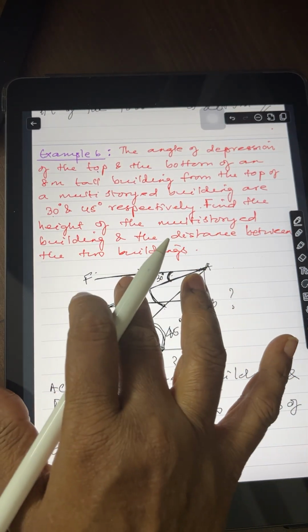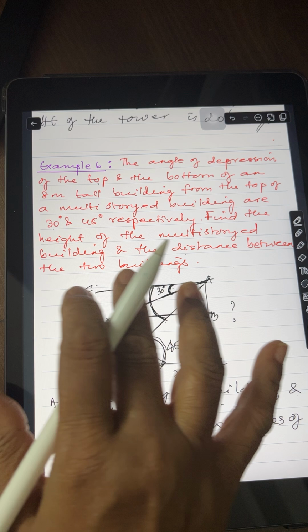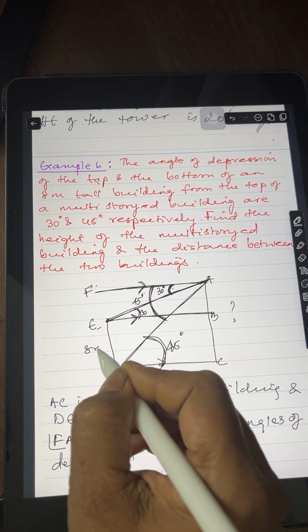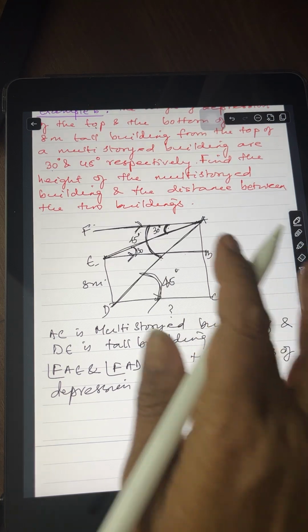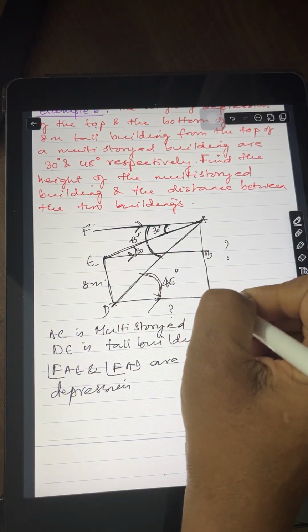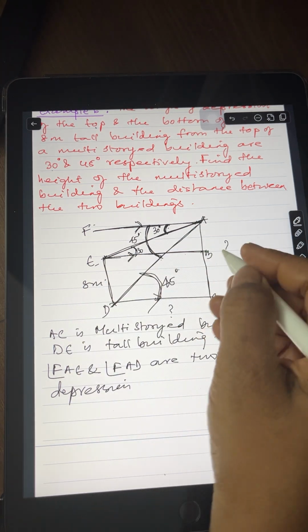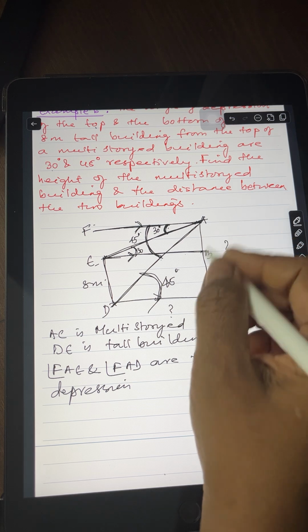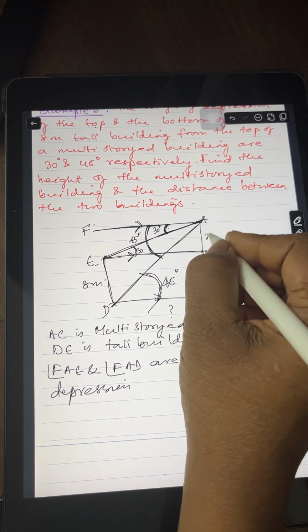Nothing else is given, no? The angle of depression is at the top and bottom of an 8 meter tall building. So this is 8 meter. If this is 8, this is also 8, because it is a straight line and this is also a straight line. So this is also 8 meter, and take this as x.